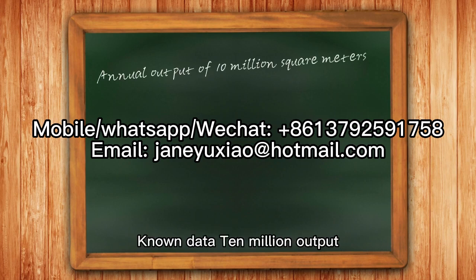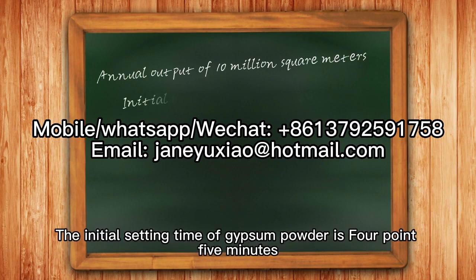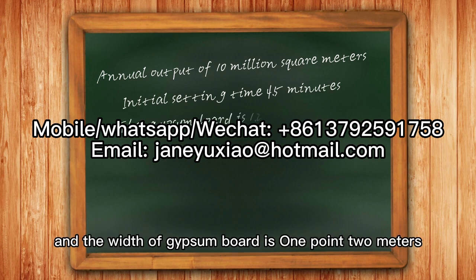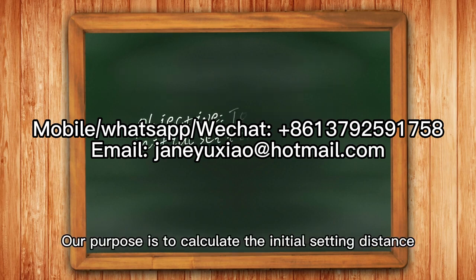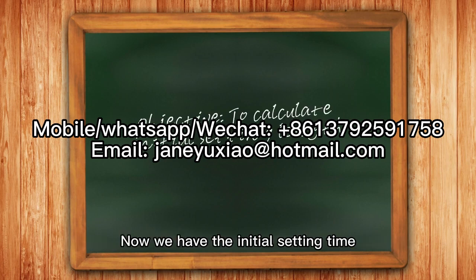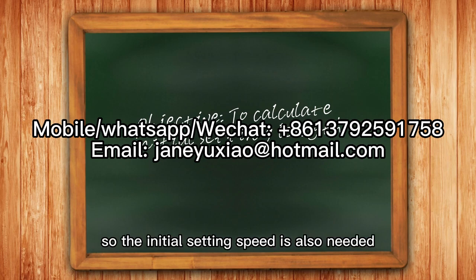Known: 10 million output, the initial setting time of gypsum powder is 4.5 minutes, and the width of gypsum board is 1.2 meters. Our purpose is to calculate the initial setting distance. Now we have the initial setting time, so the initial setting speed is also needed.